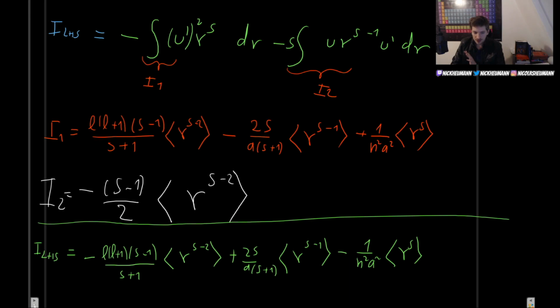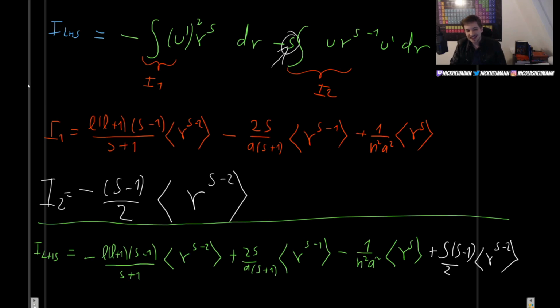I will use a different color. So minus S times, there's an S right here, don't forget about it. Minus S times I2. So minus S, S minus 1. And by the way, there is a minus sign here, so this will actually turn into a plus. Divided by 2, R to the S minus 2. Okay, so this is our ILHS.